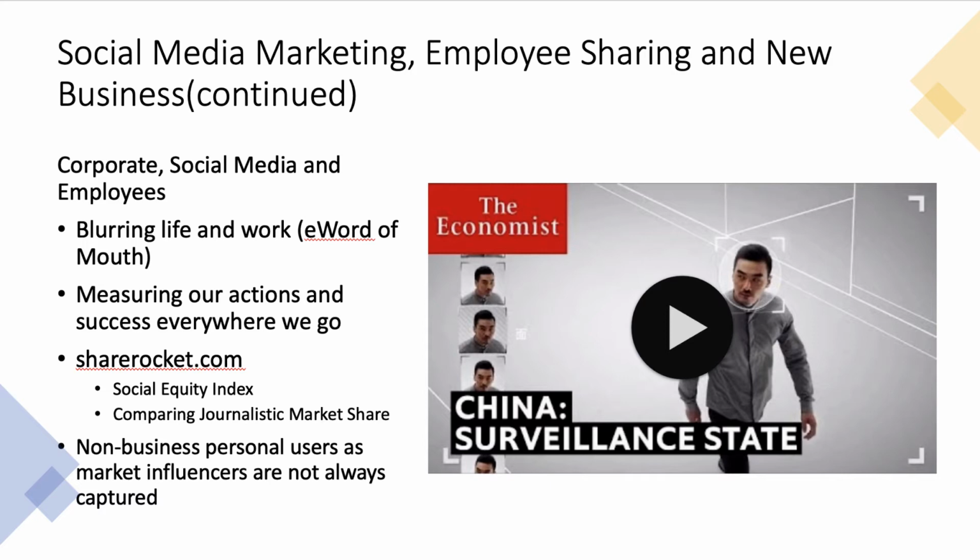Sometimes when you are measuring social media, a lot of things go unnoticed. For example, non-business personal users as market influencers are not always captured in social media metrics. I left this video here about China and their surveillance state, just to show you how advanced the surveillance state is in China right now.